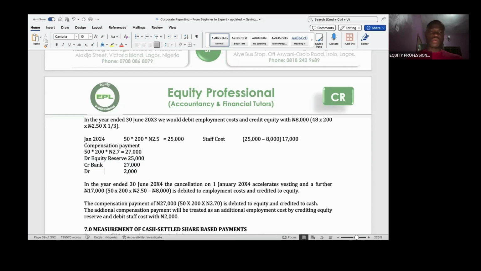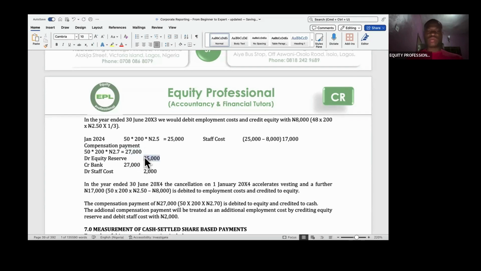Who can tell me where we will take this 2,000 to? Let me not stress myself. I know you will not talk. We'll take it to P&L as an additional expense, because we're supposed to settle 25,000 and we are settling with 27,000. There's an additional cost of 2,000 naira.